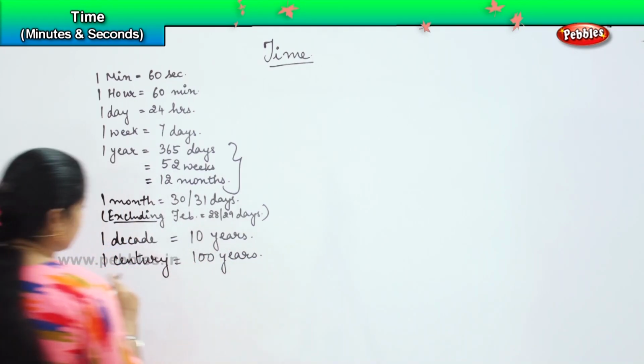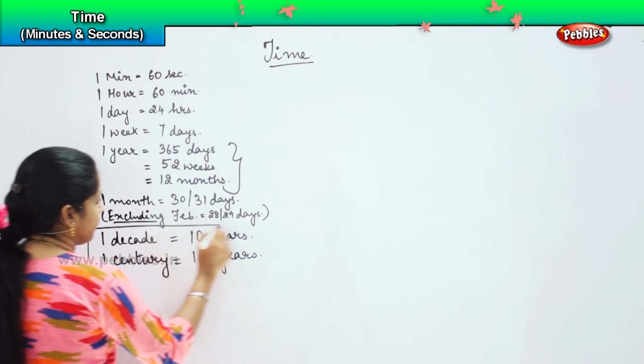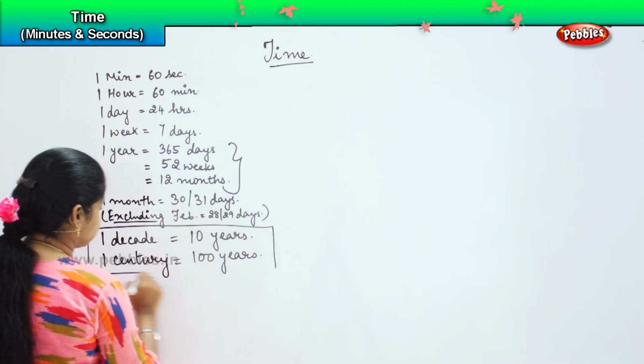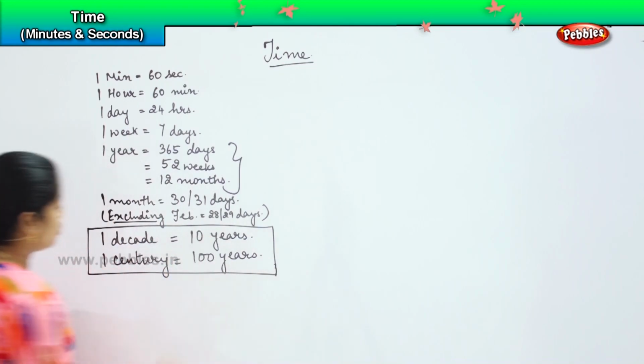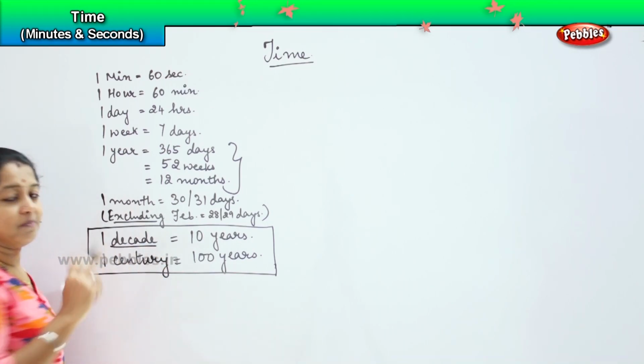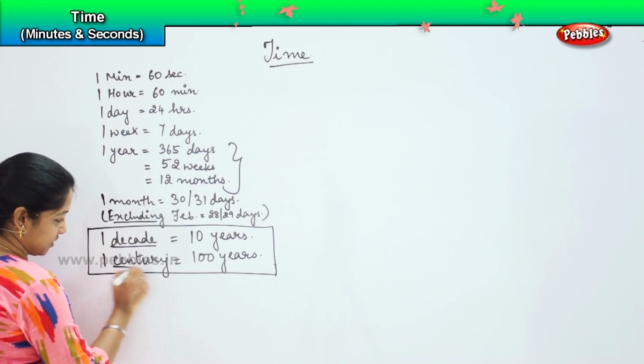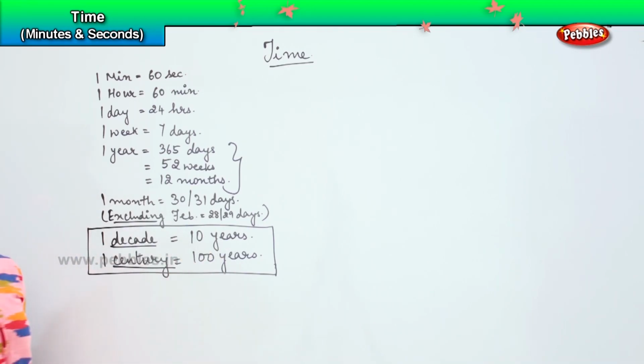So these are the new concepts which you will be learning for this exercise. Okay. So 1 decade is equal to 10 years. So whenever in the question you hear the word decade, it means 10 years. Okay. Similarly, whenever you hear the word century, it means 100 years.